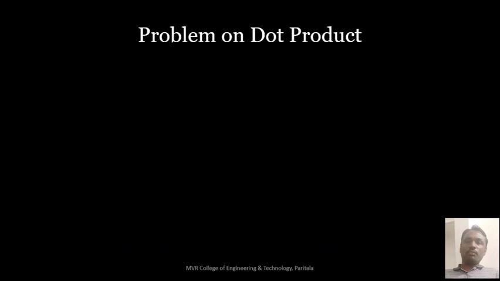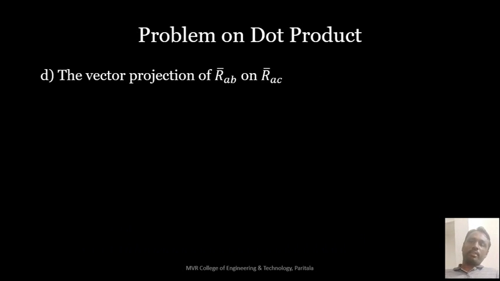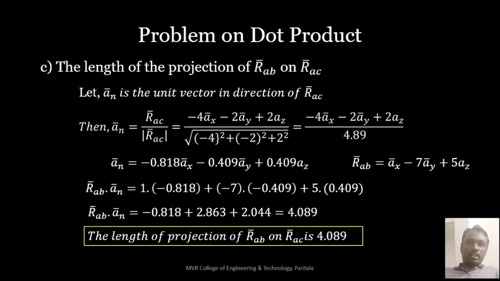Next we need to identify the vector projection. If you want to identify the vector projection, we simply multiply the result, the vector component result, with the unit vector in the direction of RAC. What is the result we got? The result is 4.089, which is RAB bar dot AN bar.